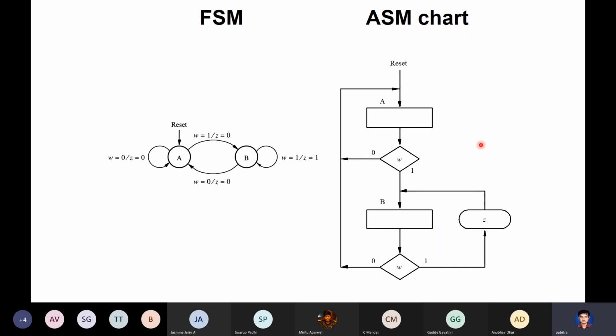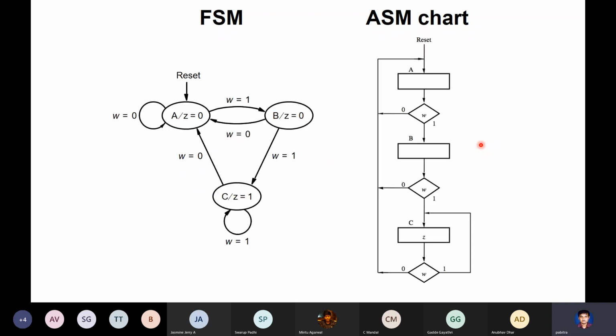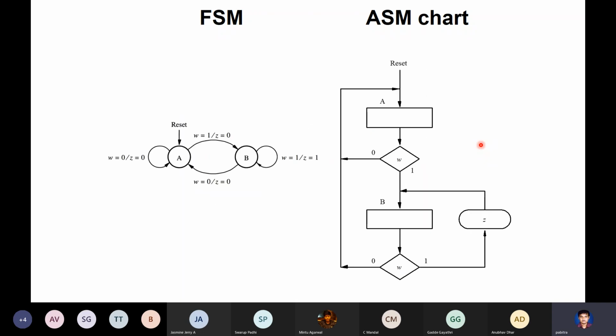Okay, so this is a completely Moore machine. Now let us look at a Mealy machine. Again, you have three states, A, B, and C. The input is W, the output is Z. Now you see the output is dependent not only on the state, but also on the input.